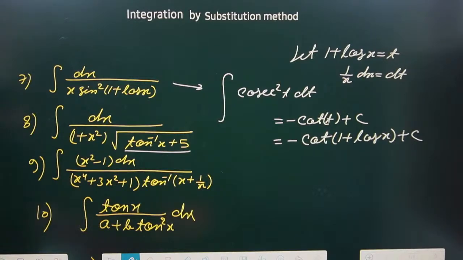Simply, under root, integrate dx divided by 1 plus x square into under root tan inverse x plus 5. So if tan inverse x plus 5 is equal to t square, then the differentiation is also available. Everyone can do.